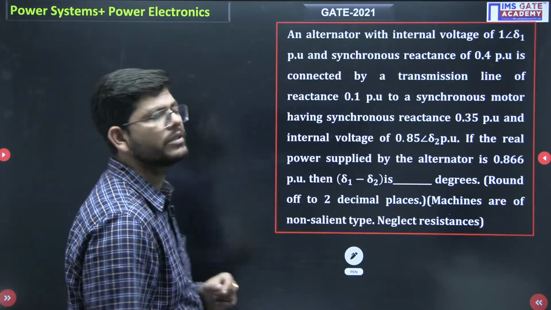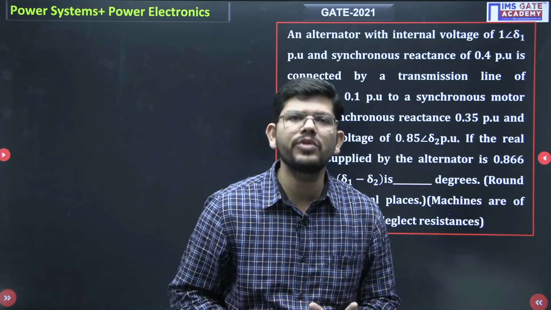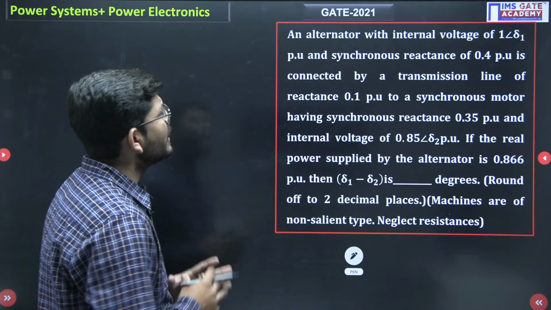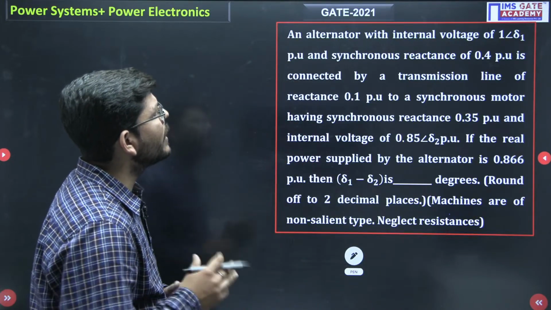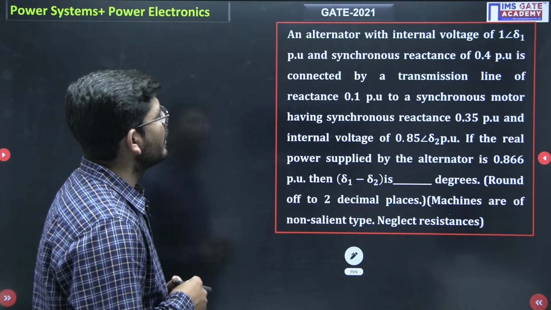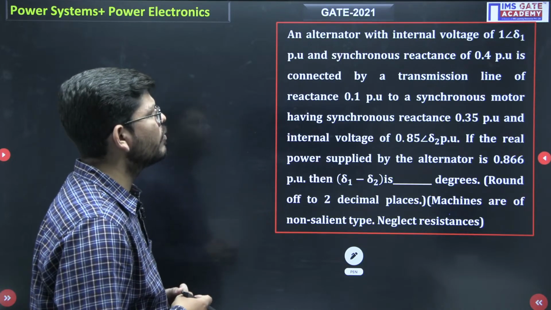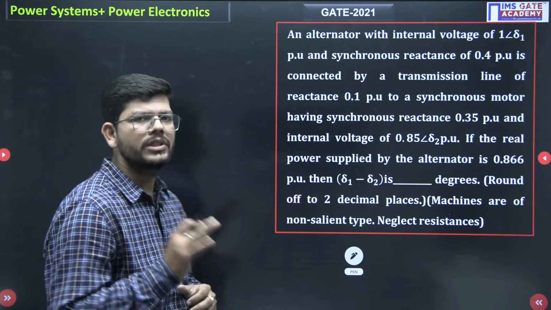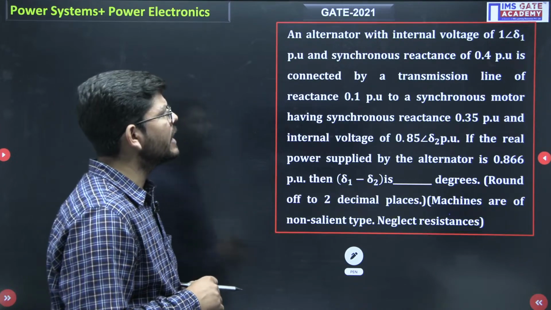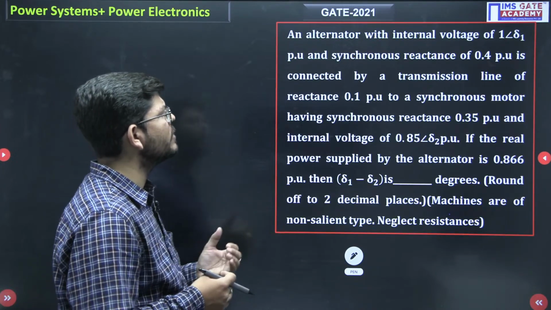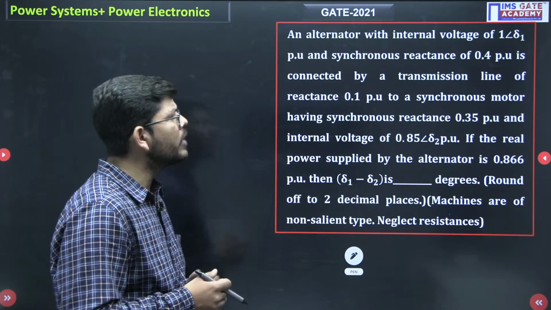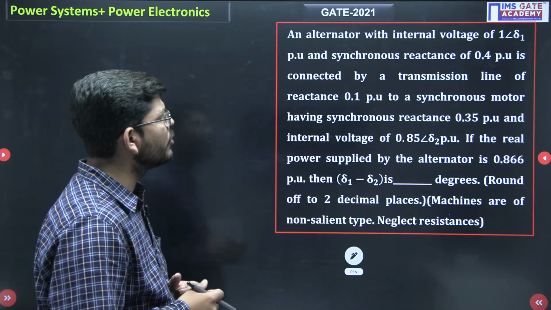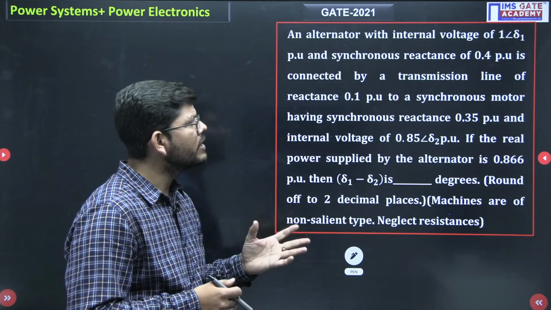So just see this question. Let me read this question for you. An alternator with internal voltage of 1 angle delta 1 per unit and synchronous reactance of 0.4 per unit, so this is the data of the alternator, is connected by a transmission line of reactance 0.1 per unit to a synchronous motor having synchronous reactance of 0.35 per unit.